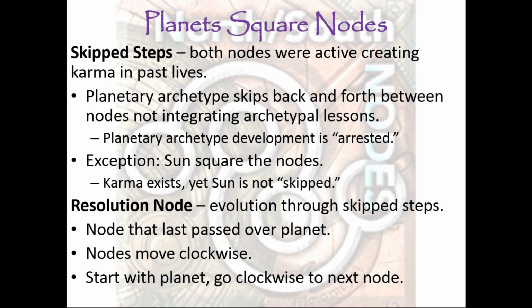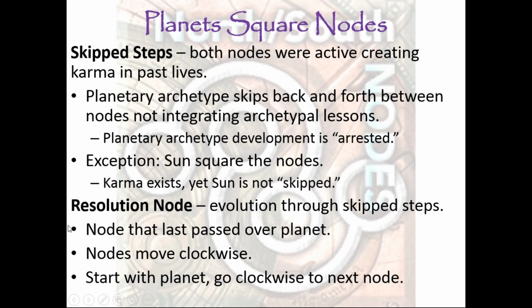When you have planets square the nodes and that planet skips back and forth and back and forth, and it's just like a circle that keeps on going, we have to look for a way out. And in EA, we call that the resolution node. This is how we are working to evolve through these skip steps of bouncing back and forth.